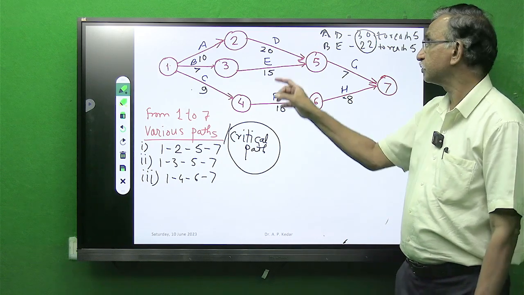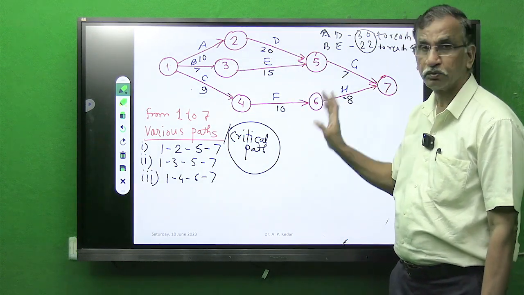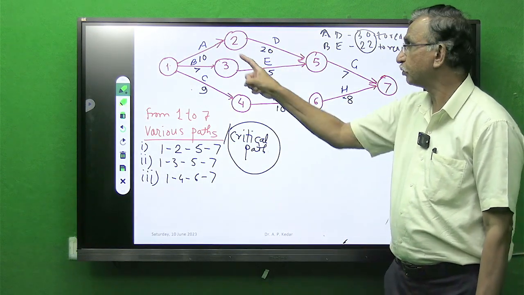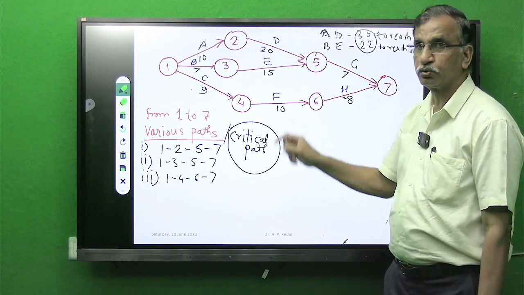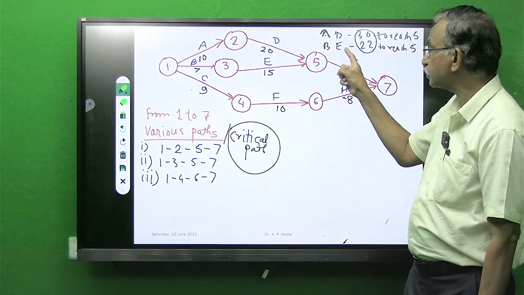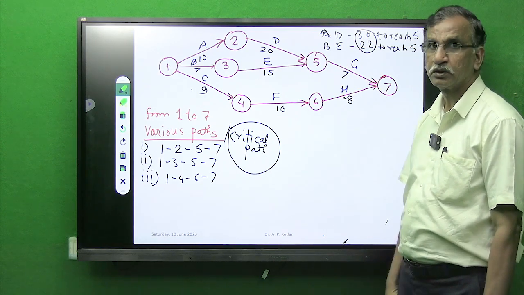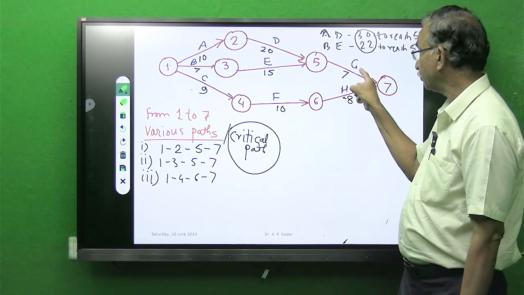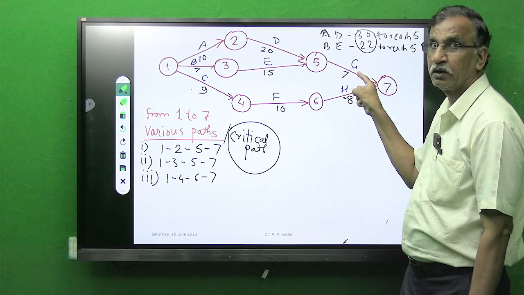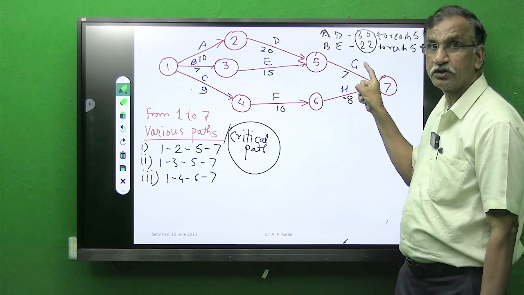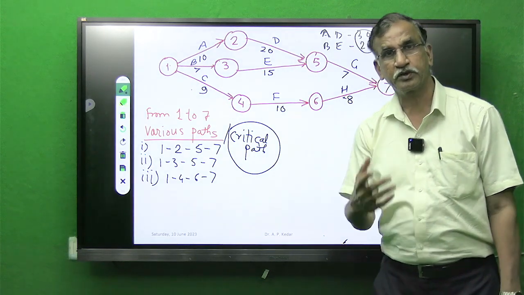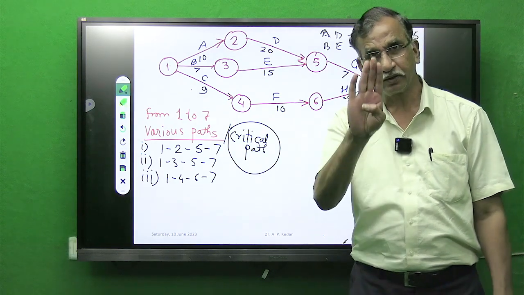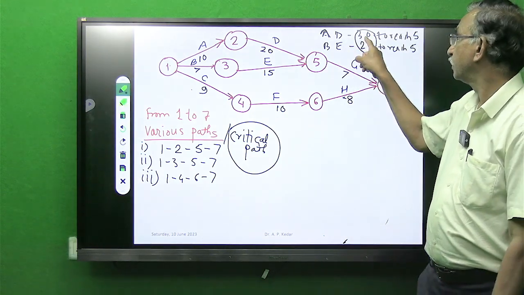So definitely I have to consider all 4 activities, which means I have to consider both routes. This is 1 route, this is 2 route. The longest route is 30 days. I cannot start activity G on the 22nd day or after the 22nd day. I have to wait till 30 days.